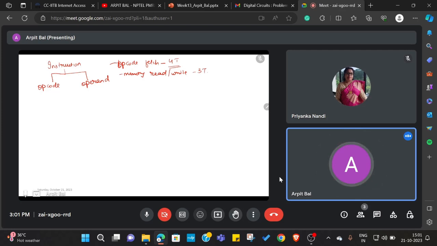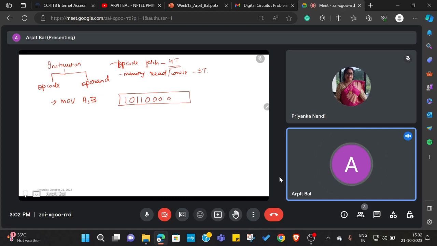Okay, so let's say there is an instruction called MOV A, B. The complete instruction looks something like 1011 something 0000.